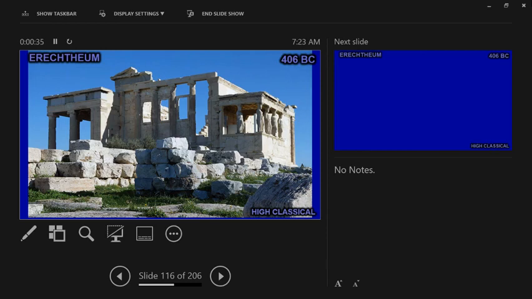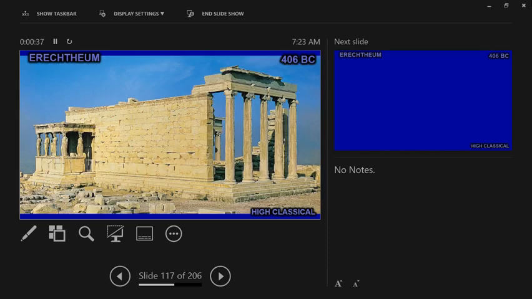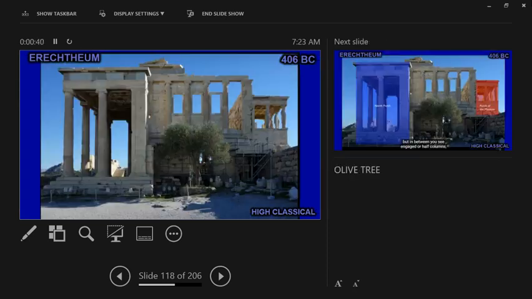So we're going to look at a couple views of the Erechtheum. One thing I am going to point out, well, we'll get to it in a second. Here, there was an olive tree that was planted right here in ancient times. And the olive tree had long since died and gone away, but they have recently replanted an olive tree right here in honor of Athena's gift to Athens.